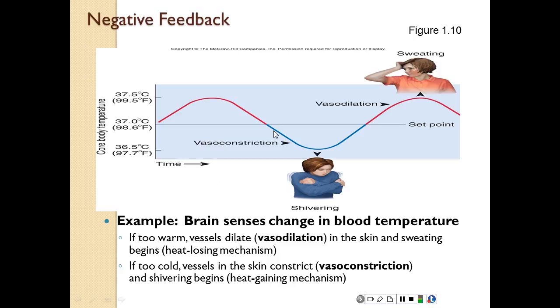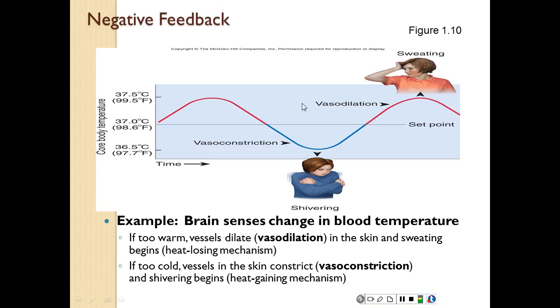Our body, well, let me start with if it's too hot. Here we have our body set at a particular point, our internal thermostat is basically at 98.6 degrees Fahrenheit and 37 degrees Celsius. Now if it's too hot outside, summertime, our core temperature will increase. And what happens? We start to sweat.